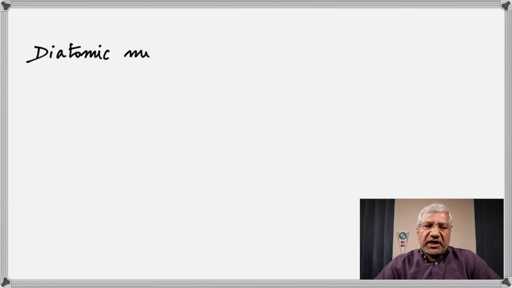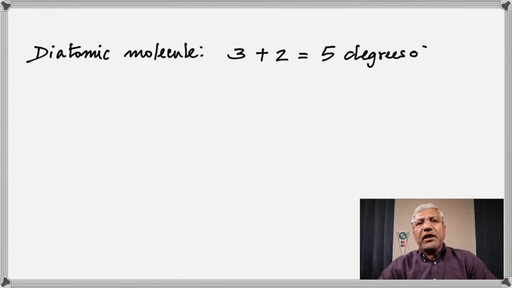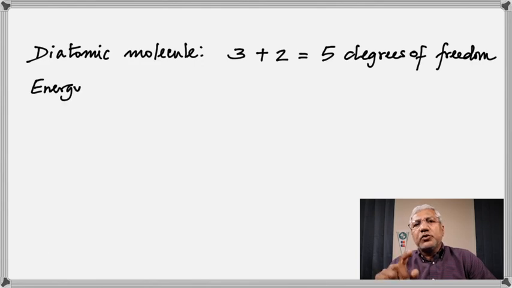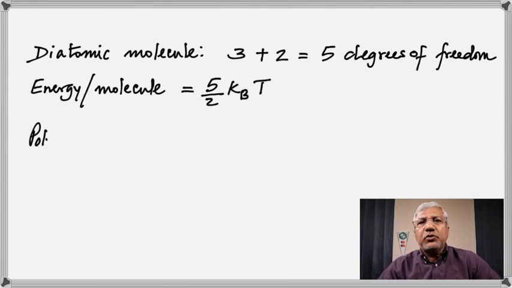What about if it's a diatomic molecule? Now, in a diatomic molecule, it has 5 degrees of freedom. 3 translational, x, y, z motion, and 2 rotational. Since it has 5 degrees of freedom, the energy per molecule would be 5/2 kBT.